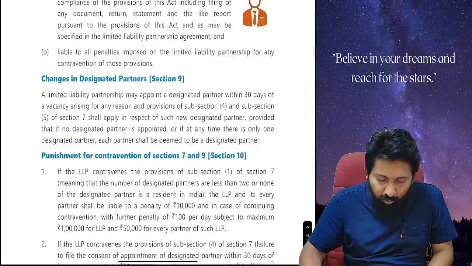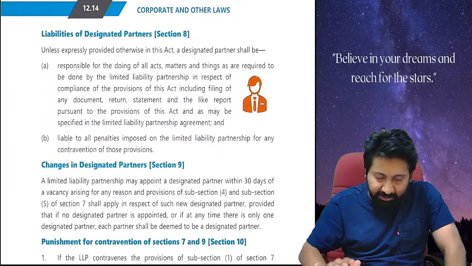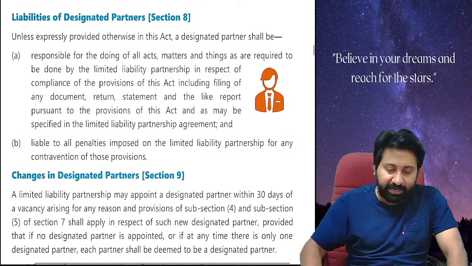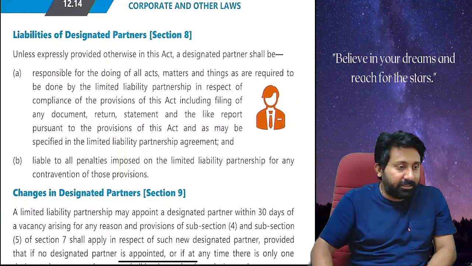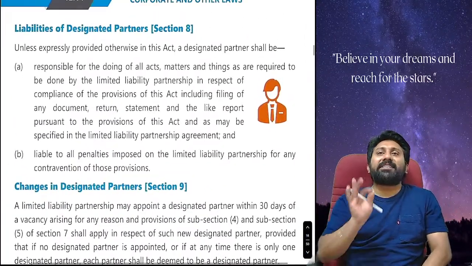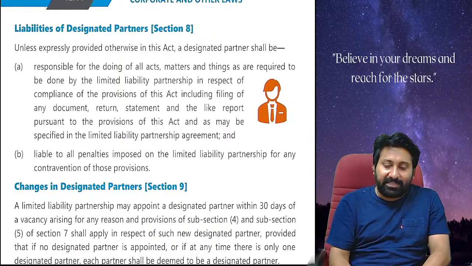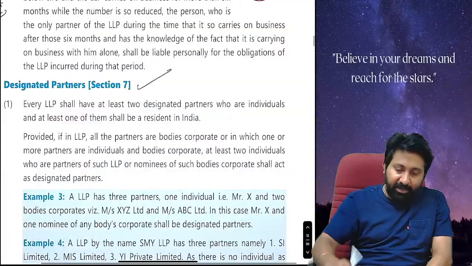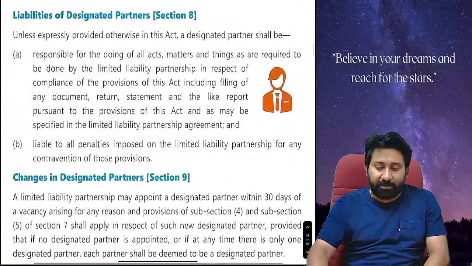Designated partners, don't read now. Let us first come to one concept called liabilities of designated partner. So, who is a designated partner? Any partner designated under section 7, means the previous section. Any partner designated under section 7 is called a designated partner.